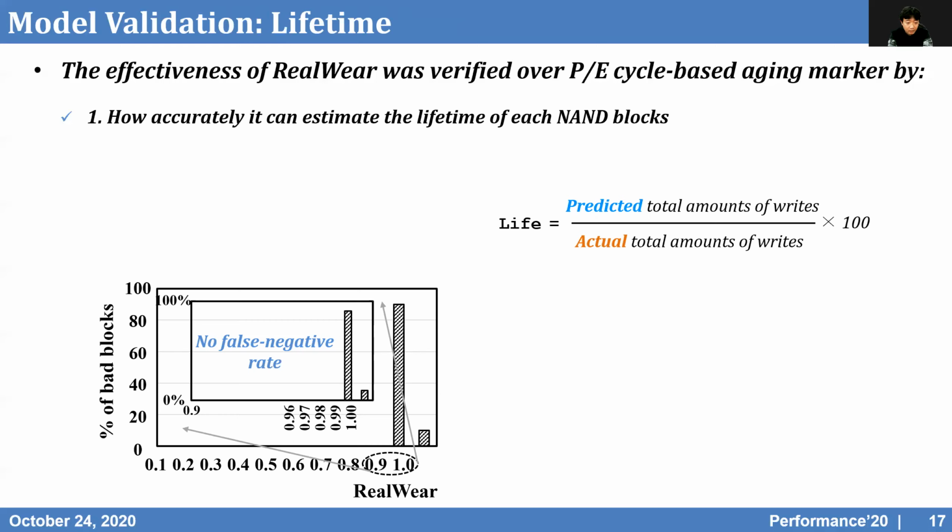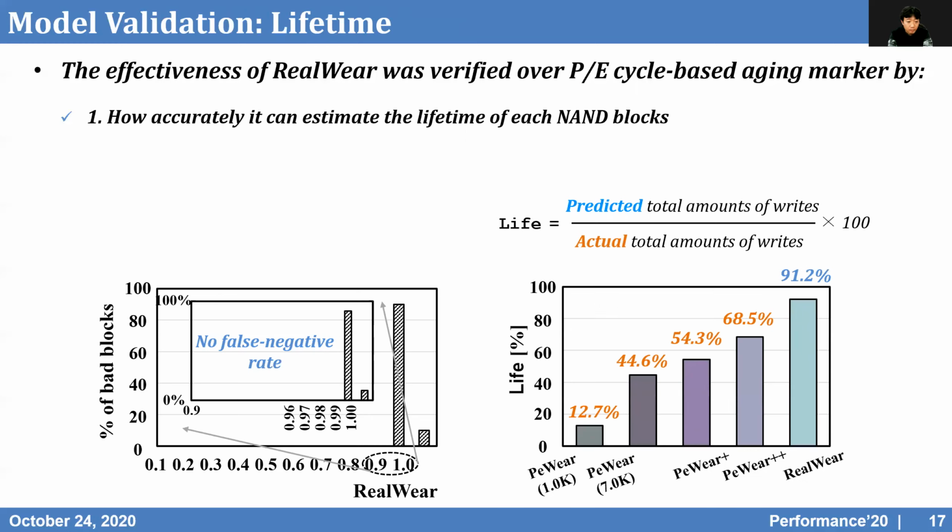Life was defined as the ratio of the predicted total amount of writes to the actual amount of writes. P+ and P++ are other P cycle-based NAND aging markers that are designed using P cycles, program latency, and RealWear. RealWear showed superior accuracy over existing NAND aging markers.